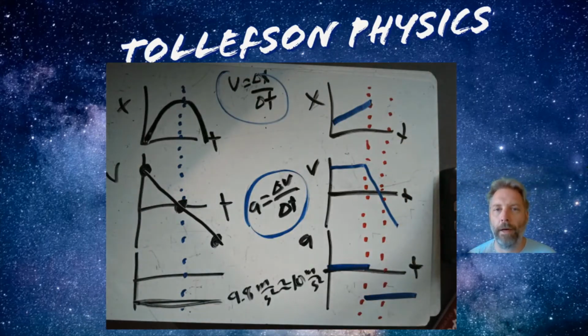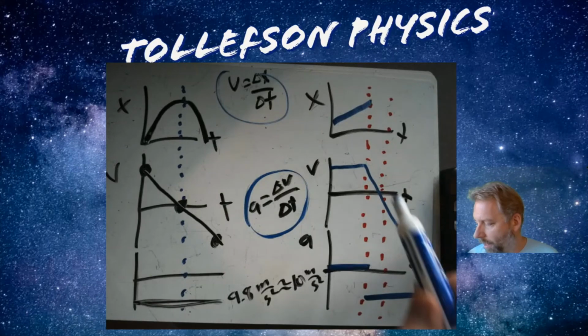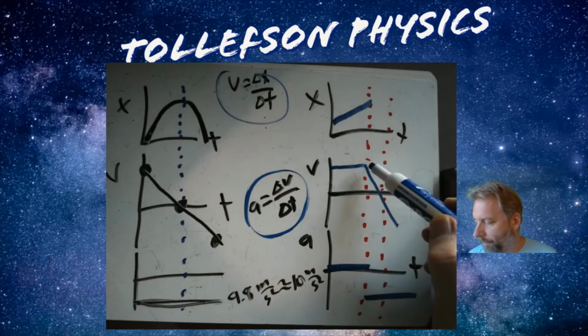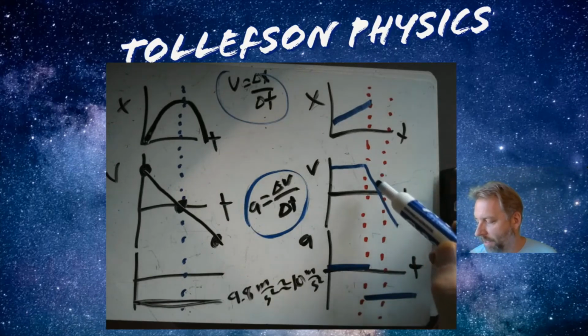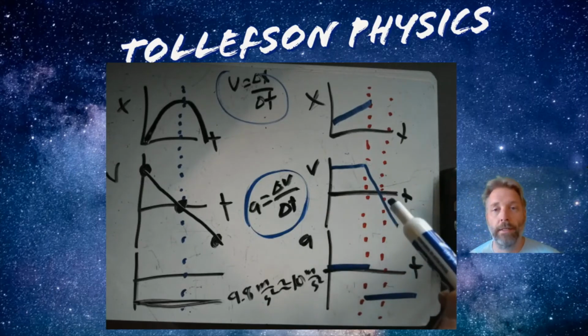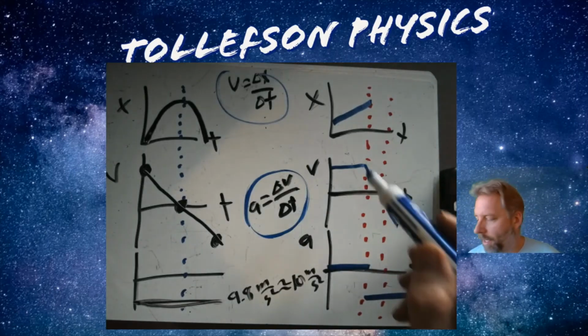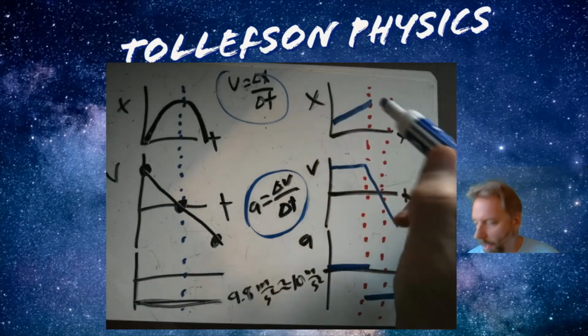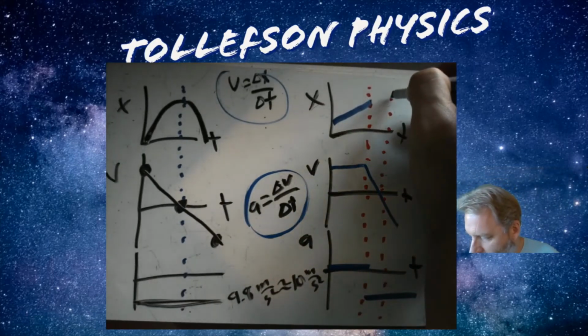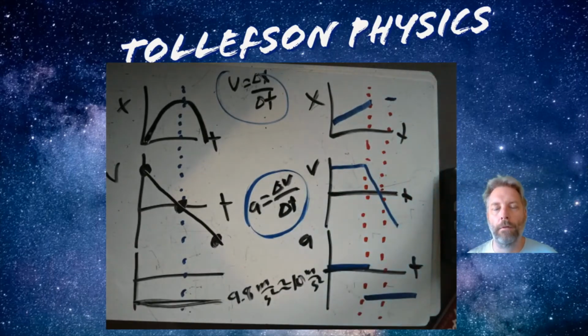Now I've got to think about what is going on after this. What's going on after this is I have this velocity that's getting smaller until it hits 0 right here. So what does that actually mean? That means I have the steep slope that, when it gets to this line, let's estimate it to be about there, it's going to be a slope of 0.